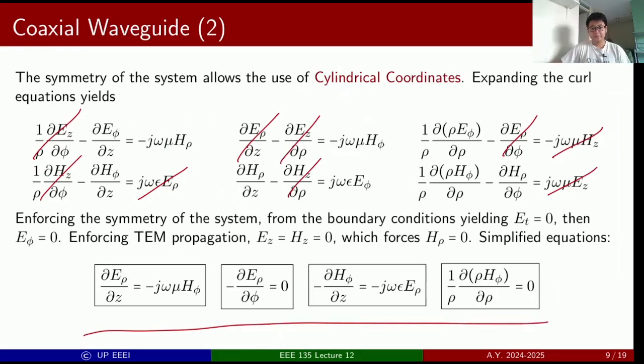Sorry, not E rho. E rho won't cancel. I apologize. It's E phi that will cancel. E phi is the one that cancels. So E rho should still exist because that's what the symmetry enforces. So now we're left with these 4 equations right here. It's a more difficult setup compared to your parallel plate waveguide, but let's try to solve it.